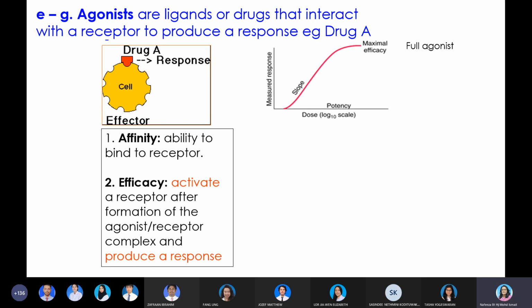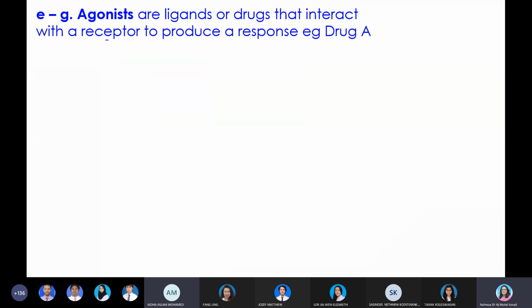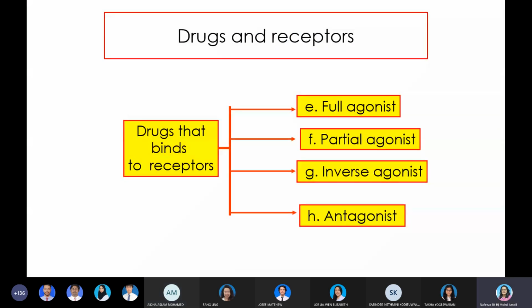Doctor, I think you got cut off when you asked that question. Could you repeat? Okay, I said of all these slides, full agonist and antagonist, which one has affinity? Is it one, two, or all? All. Very good. Excellent. They all have affinity.